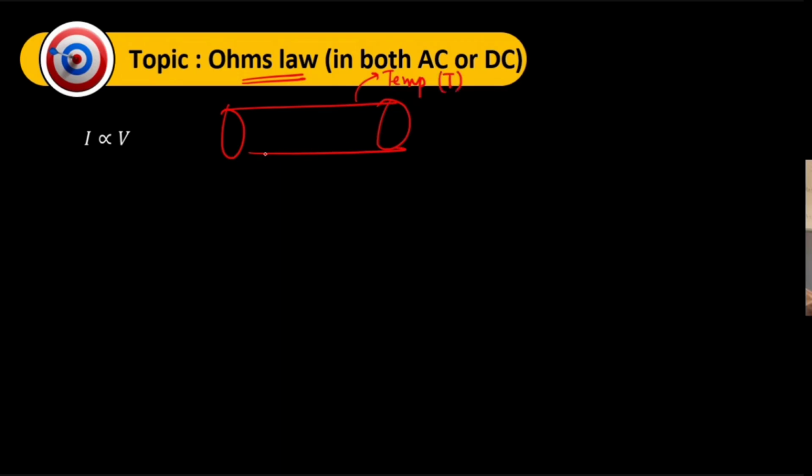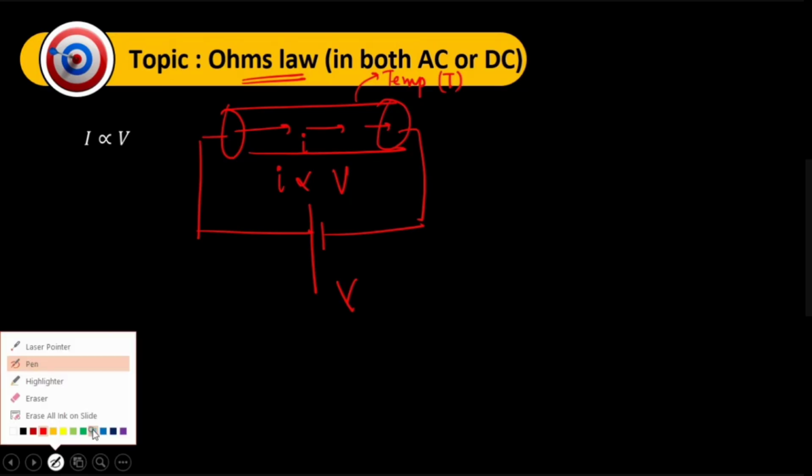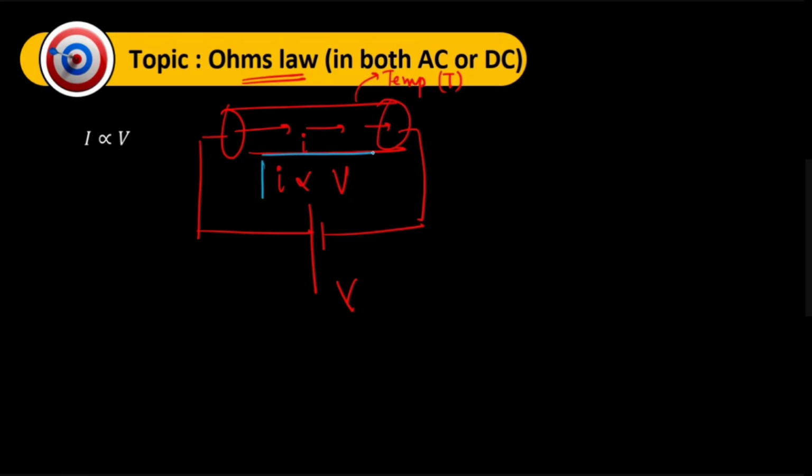So in such conductors, what we found is that whatever current I flows through it is directly proportional to the potential difference of the battery applied. So I is directly proportional to the potential across the conductor or the points.